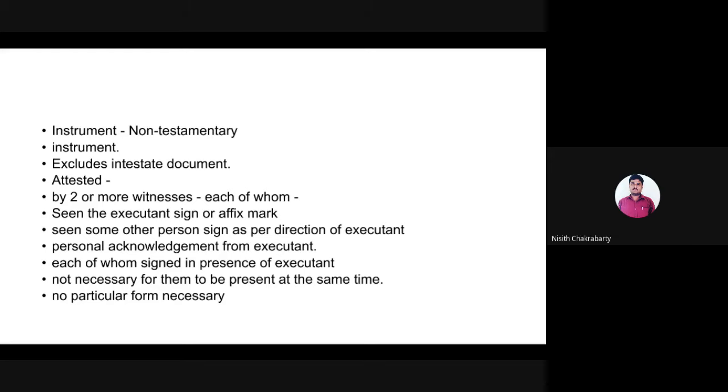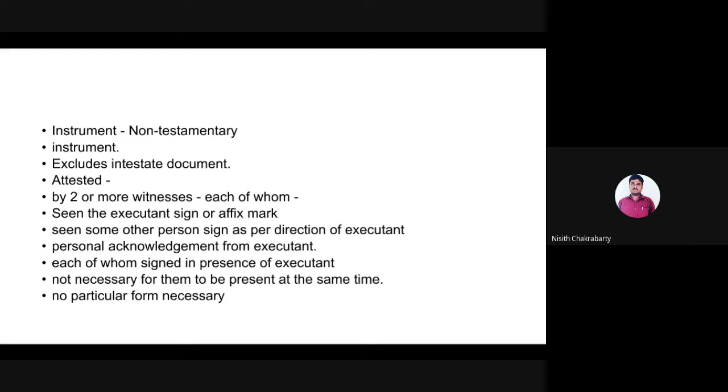If the TPA was dealing with testamentary instruments, then the instrument would have meant a testamentary or intestate instrument. But it is a non-testamentary instrument only that we are concerned with, and that's why when I say instrument, it only deals with non-testamentary instruments.